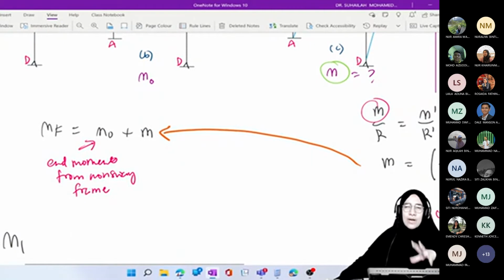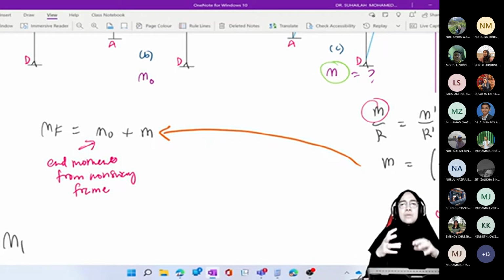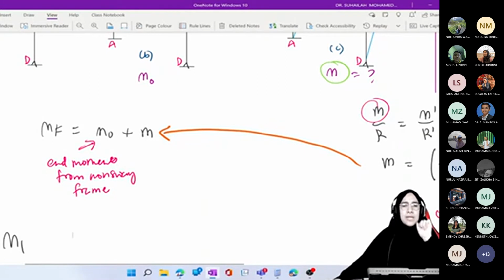Dia belajar hafal step table 1, table 2. Table 1 kira R, table 2 kira R prime. Lepas tu dia guna satu formula: N moment equal to yang saya tulis ni, N moment for non-sway frame plus correction factor kali dengan N moment for side-sway frame. So basically student diploma yang belajar benda ni dia hafal yang tu.